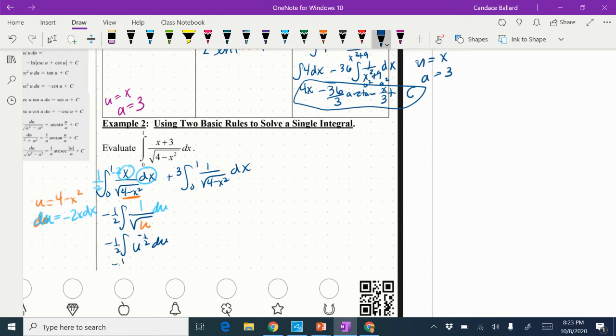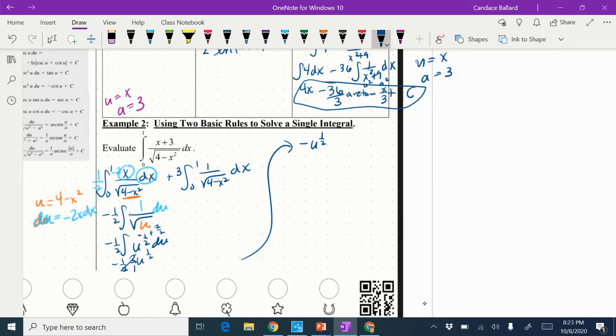And when I go to integrate that, I get negative 1/2 u, and I'm going to plus 1, so that's going to make it 1/2, divided by 1/2 or multiplied by 2, or 2 over 1. And then I know that this simplifies, and I'm going to keep doing my work over here. I've got negative u to the 1/2.